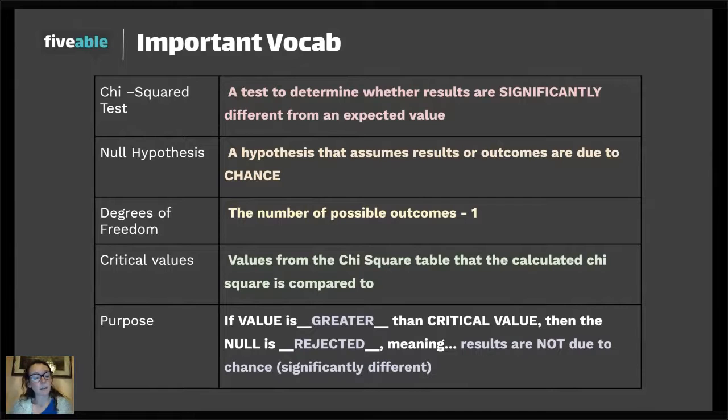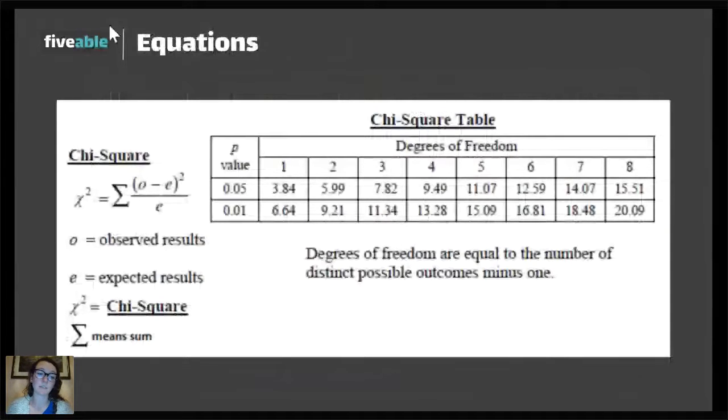So degrees of freedom are going to help us locate a critical value. And a critical value is a value from the chi-squared table, which is on the previous slide, which I'll show you again in a second, that the calculated chi-square is compared to. All this means is we are going to use our observed results and our expected results, so what we expected to happen and what we actually saw happen.